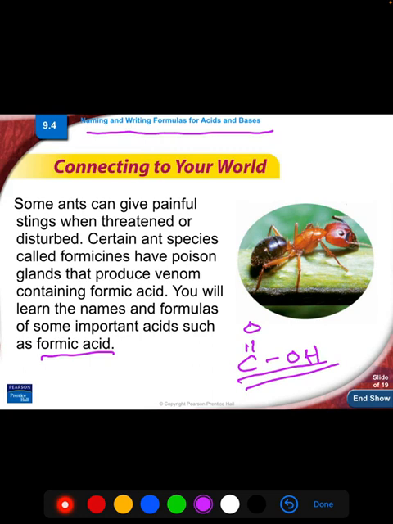And formic acid is a trivial name that really shouldn't be used, and there are some additional rules for organic acids like formic acid, which is the simplest one, that we will not be covering in this class. So I don't know why they chose the fire ants' formic acid poison or venom that's in their bites as an example.